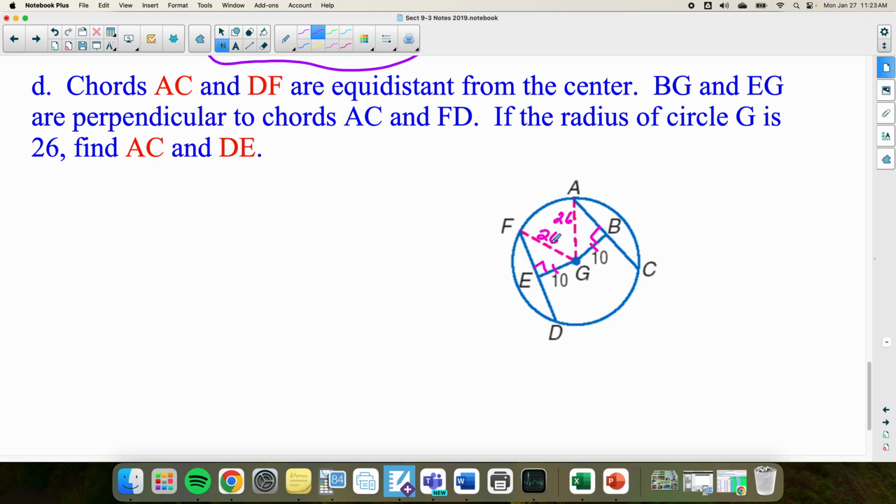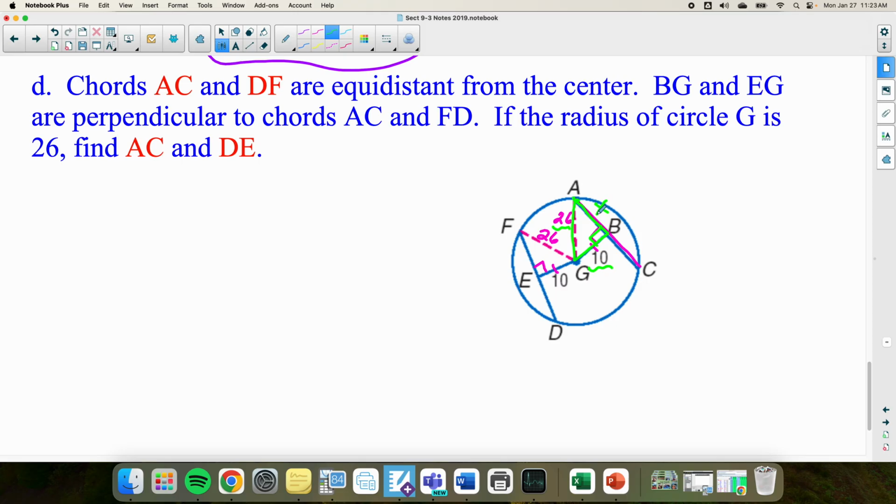And the first thing they want us to do is find AC, which is this whole chord, okay? So what I'm gonna do is I'm gonna use this right triangle right there. And in that right triangle, I know one side is 10, one side is 26, and I'm trying to find x.